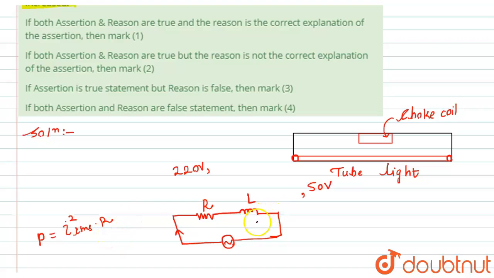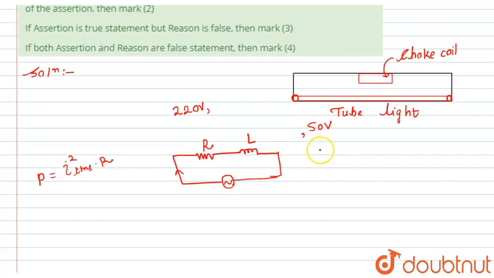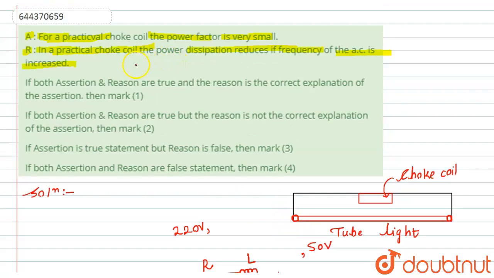So the voltage consumption for the inductive load is more, but there is no power consumption. Now, according to the question, the assertion is that for a practical choke coil the power factor is very small. And why is it small? Because the power dissipation of the choke coil reduces if the frequency of AC is increased.